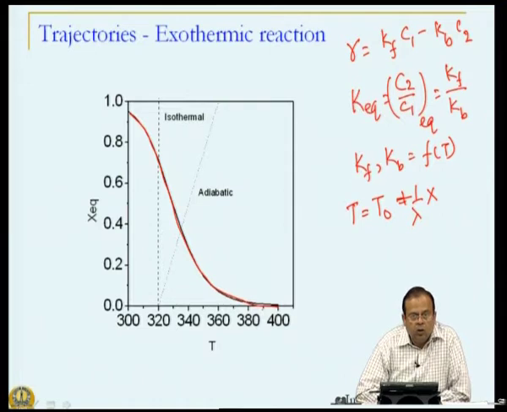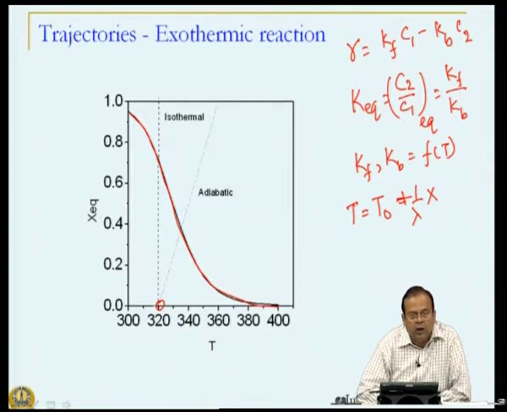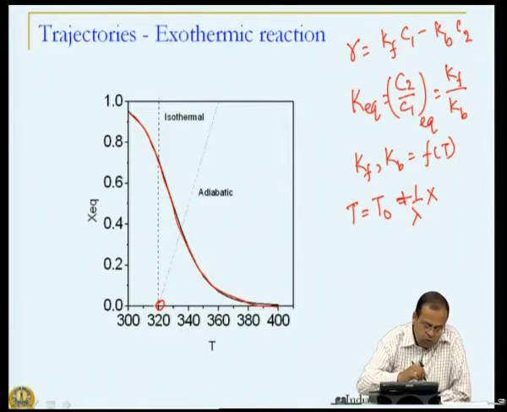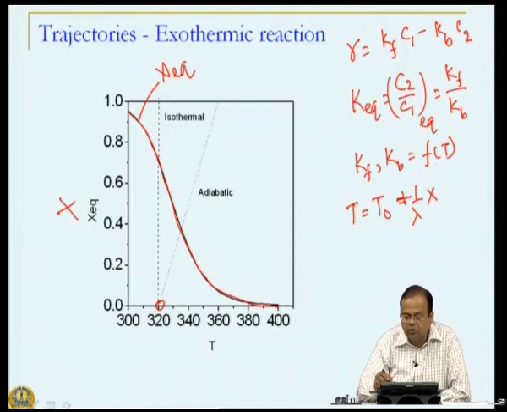Now, what happens when we do an isothermal operation? So, let us say that we are doing an isothermal operation at this particular condition. What we are plotting here in general is x versus T, and this is a specific case of x equilibrium. How do we get that x equilibrium?